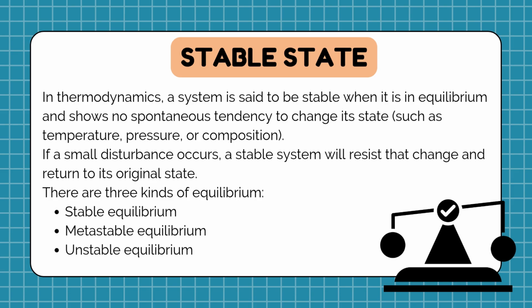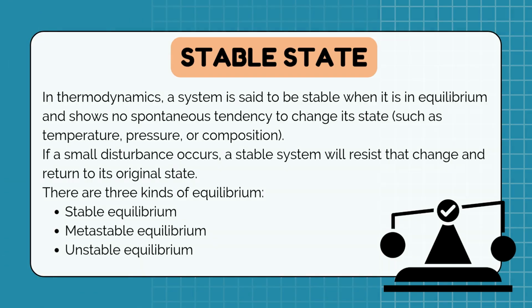Then, we have the metastable equilibrium, wherein the system appears stable but can change if a larger disturbance occurs. And then we have an unstable equilibrium, wherein even a small disturbance can drive the system away from its state of equilibrium. These categories help us understand how systems behave and change when the conditions are changing, or whether they are remaining steady, where they are resisting change or transforming spontaneously.